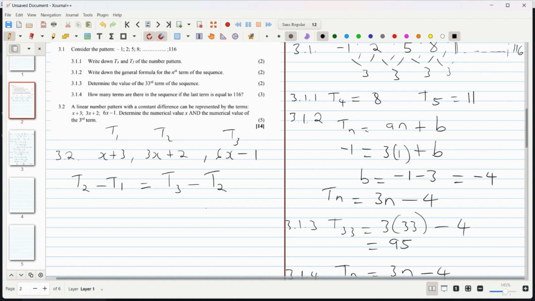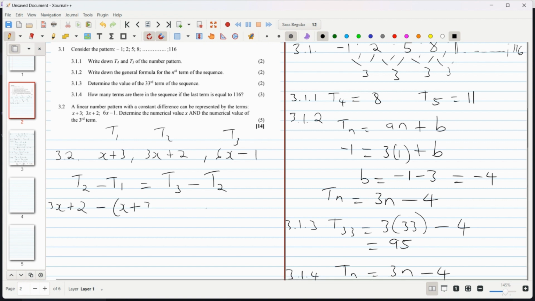So what is the second term? Our second term is 3x plus 2 minus the first term, which is x plus 3. You need to be careful when you put your brackets here. Make sure you put brackets before the number that you're subtracting, so that you can multiply everything by the negative.